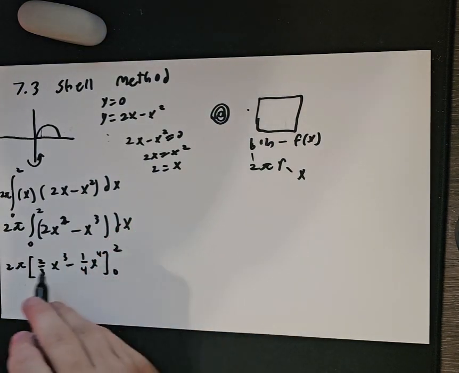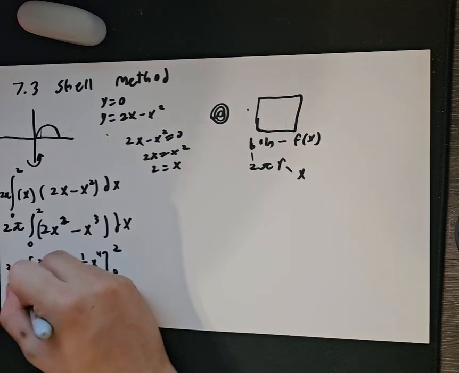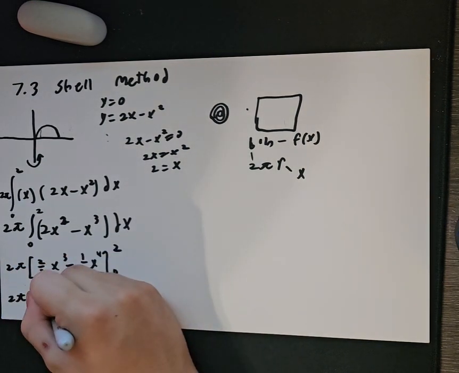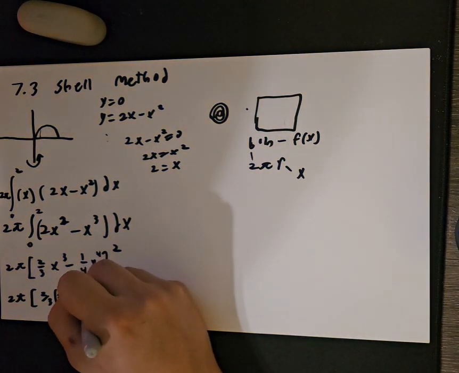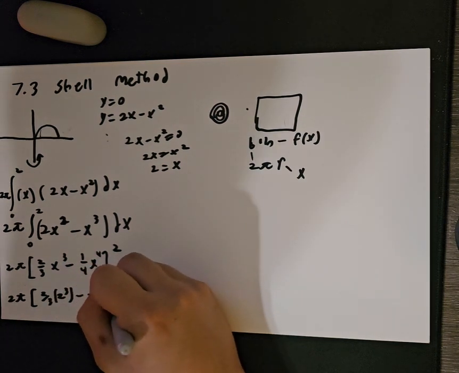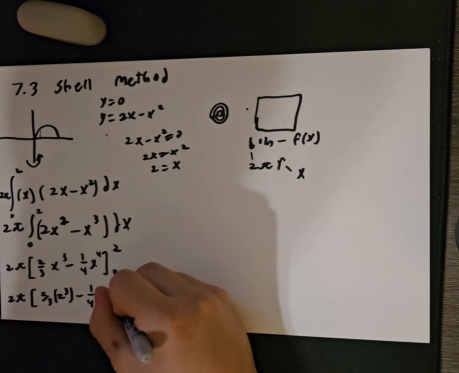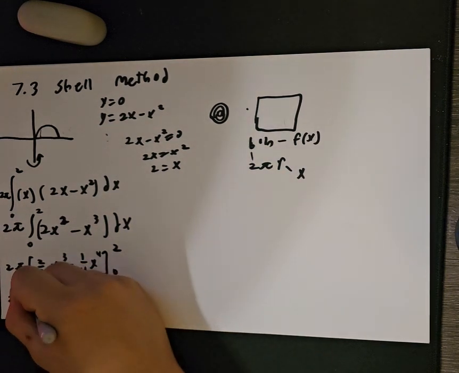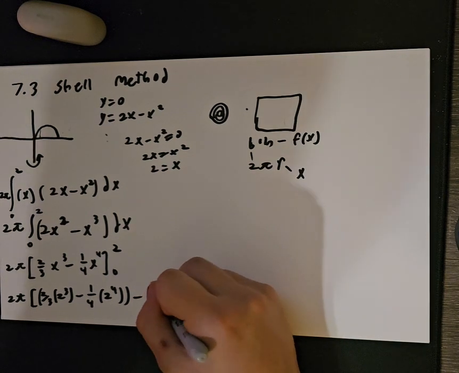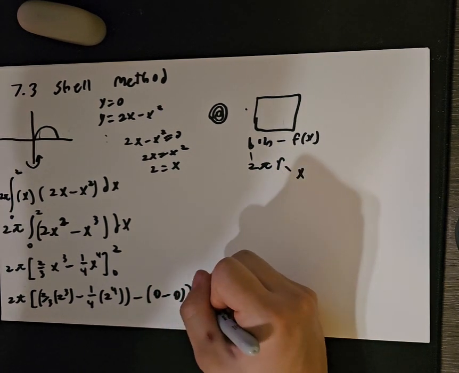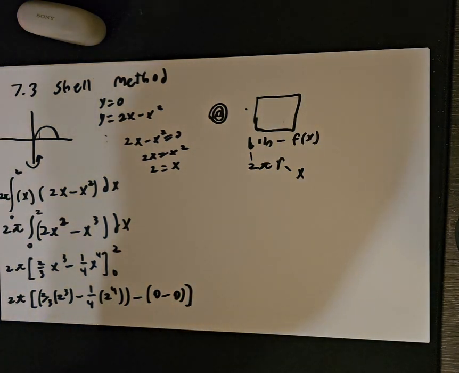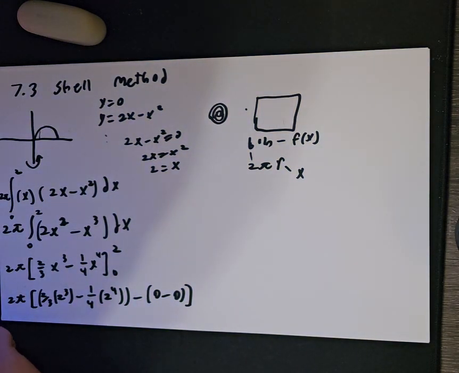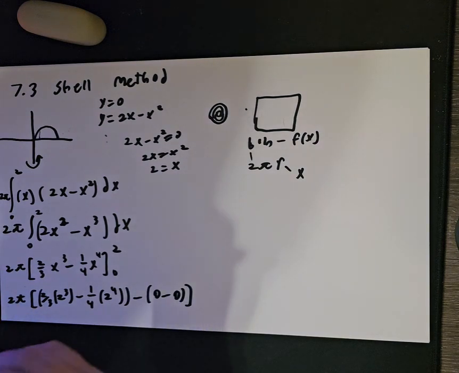Now, to do this, we do 2 pi again times 2 thirds times 2 cubed minus 1/4 times 2 to the power of 4, minus essentially what's going to become 0 minus 0. And so now 2 thirds times 8, 2 to the third is 8, so 2 thirds times 8 is 16 over 3.